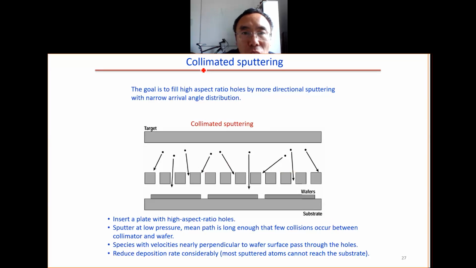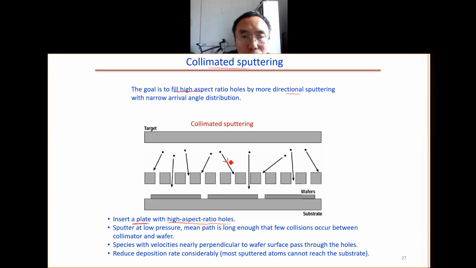And now we look at collimated sputtering. The goal is to fill high aspect ratio holes by more directional sputtering with a narrow arrival angle distribution. One way to do this is to use collimated sputtering. We put a plate with high aspect ratio holes.